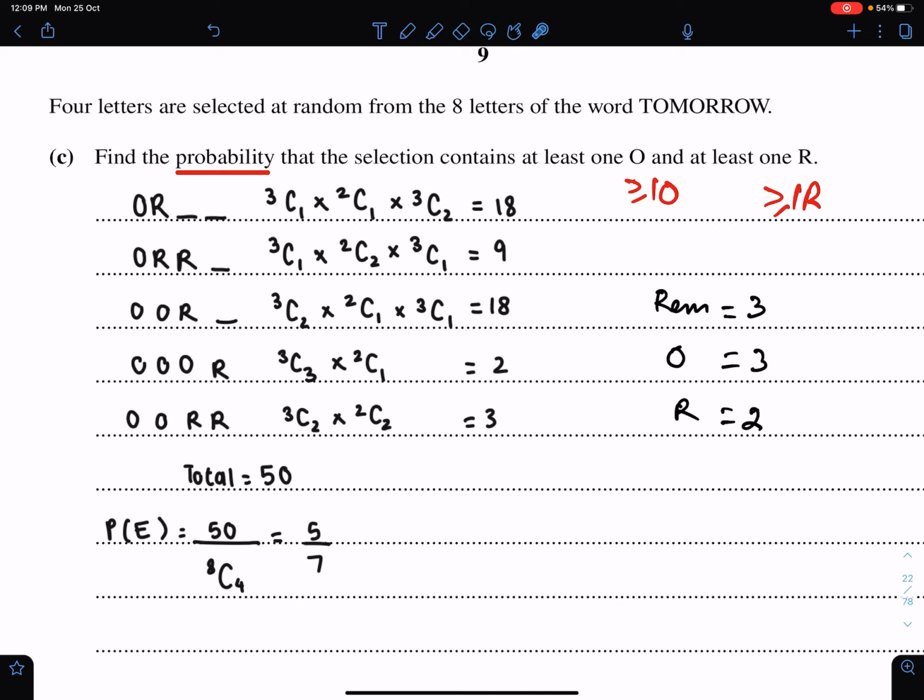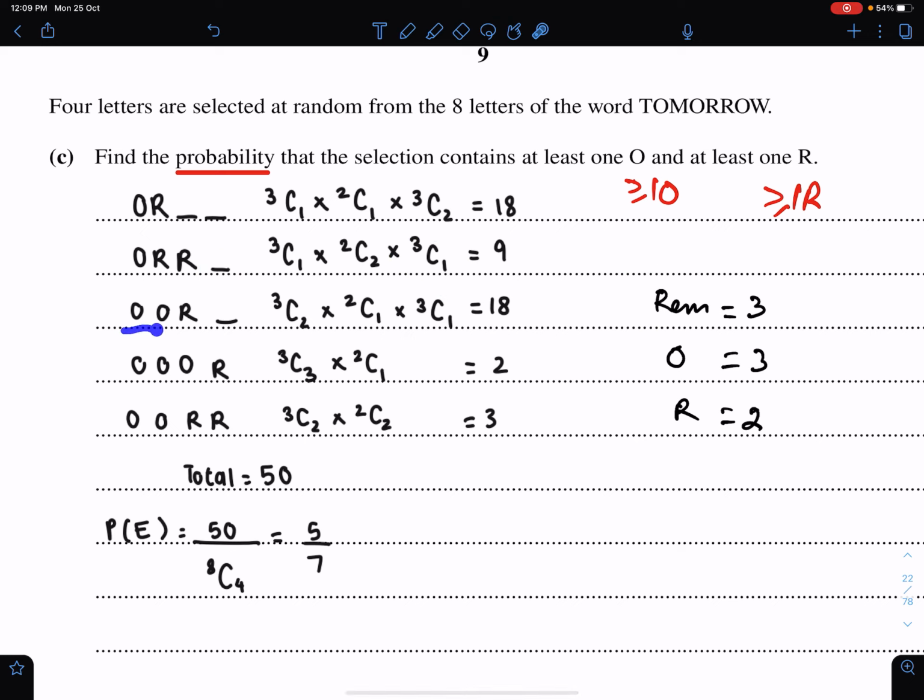Now, the second possibility with respect to this condition, selections with 1 O and 2 R's and 1 remaining letter from 3 letters. So for 1 O, write 3C1. For 2 R's from 2 R's, we can write 2C2. And 1 letter from remaining 3, 3C1.